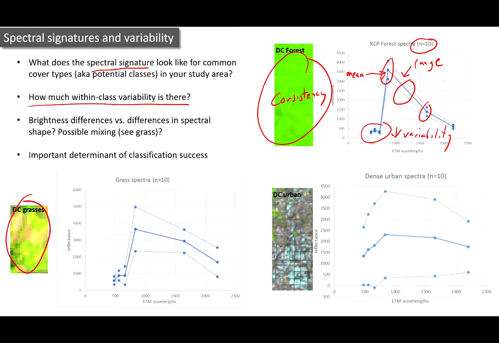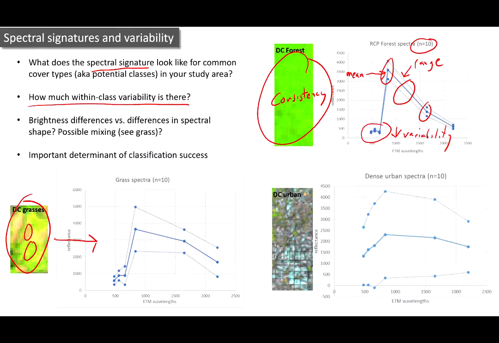Move down to grasses, and even though all of this is grass, you've got a mix of dead grass and live grass that manifests as much higher within-class variability of the spectrum, which is going to make classifying grass a little more problematic.